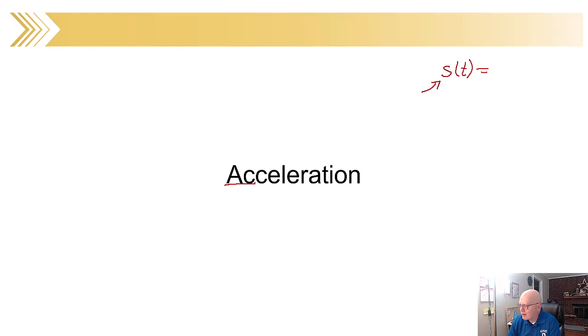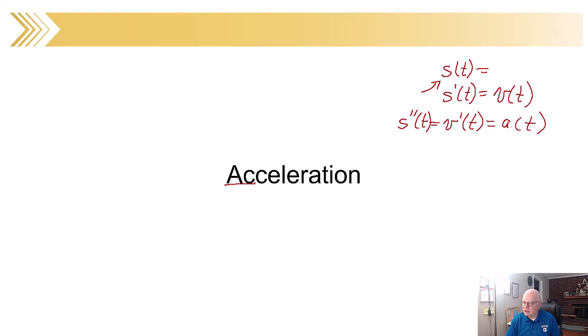It'd be a curiosity. With that distance function, the first derivative, remember, we've done this, is the velocity function. And acceleration, as it turns out, if we take the derivative of the velocity function, we get the acceleration function. And keep in mind that that would be the second derivative of the distance function. All this works really well together.